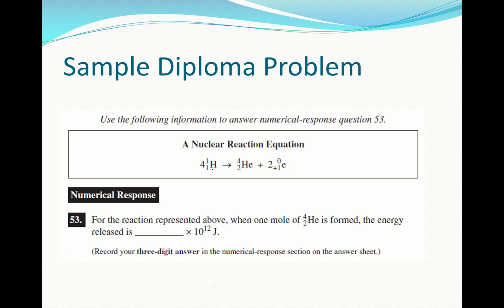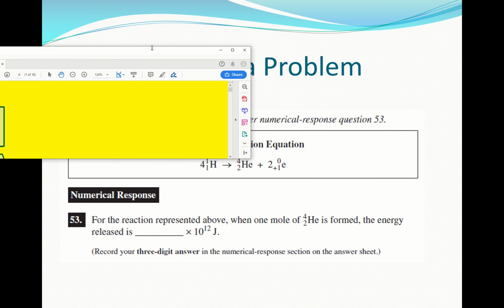Okay, so this one I need to find the amount of energy given off in the reaction, so let's do that. Sorry, I'm just trying to open up the data book. There we go.